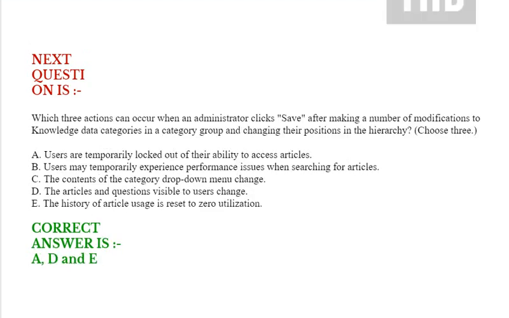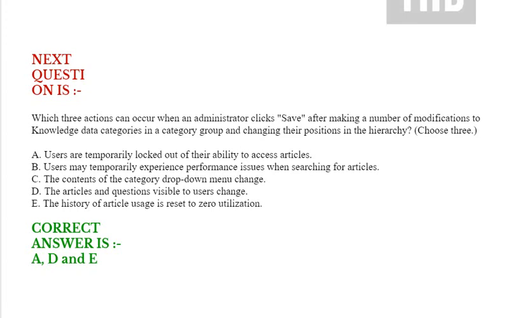Next question is, which three actions can occur when an administrator clicks Save after making a number of modifications to knowledge data categories in a category group and changing their positions in the hierarchy? Choose three options. Option A. Users are temporarily logged out of their ability to access articles.